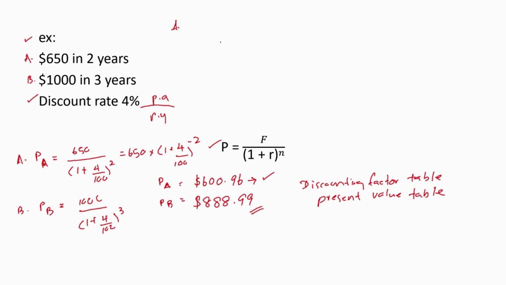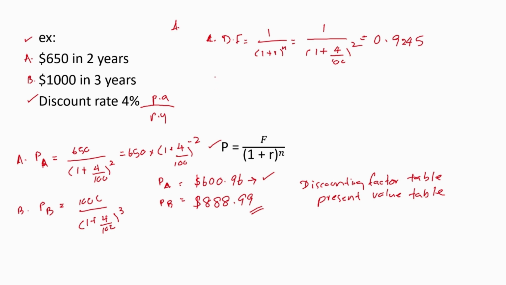Let's calculate them first. For option A, the discounting factor equals 1 over (1 plus r) to the power n. With r equal to 4 over 100 and n equal to 2, this equals 0.9245.